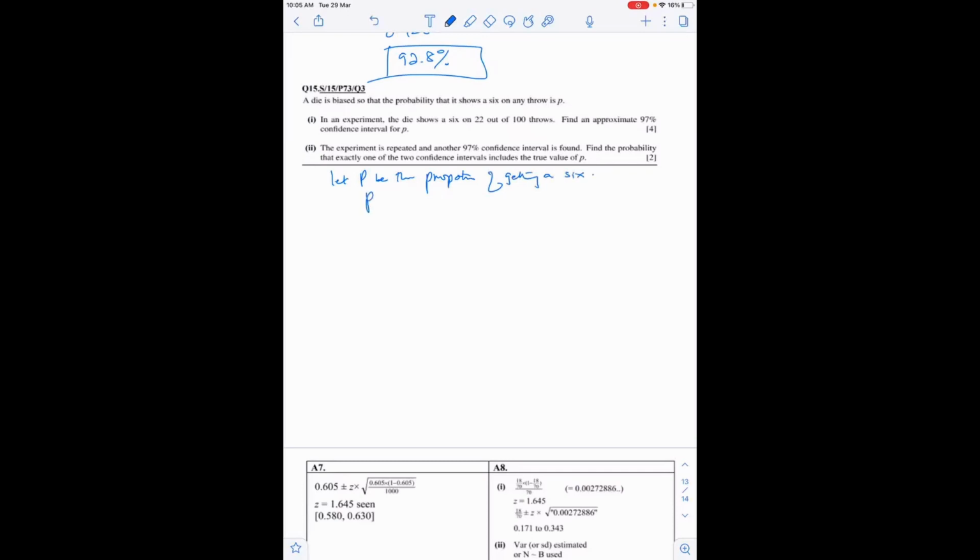The proportion of the sample is 22 out of 100, which is 0.22, and the other is 78 upon 100, which is 0.78.